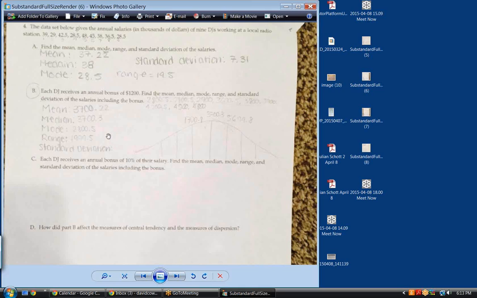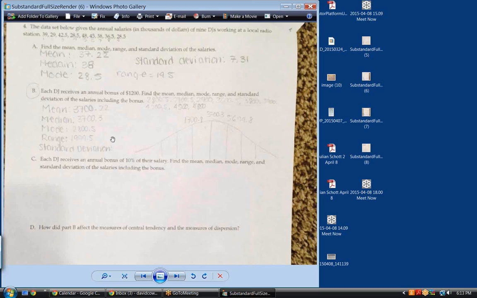Mode, yeah, add 1,200 to that, so the mode's going to be 29.7, or 29,700. Okay. Won't change the range because it's being added to the low and it's being added to the high. And the range is the difference between the low and the high, so that's not going to change.